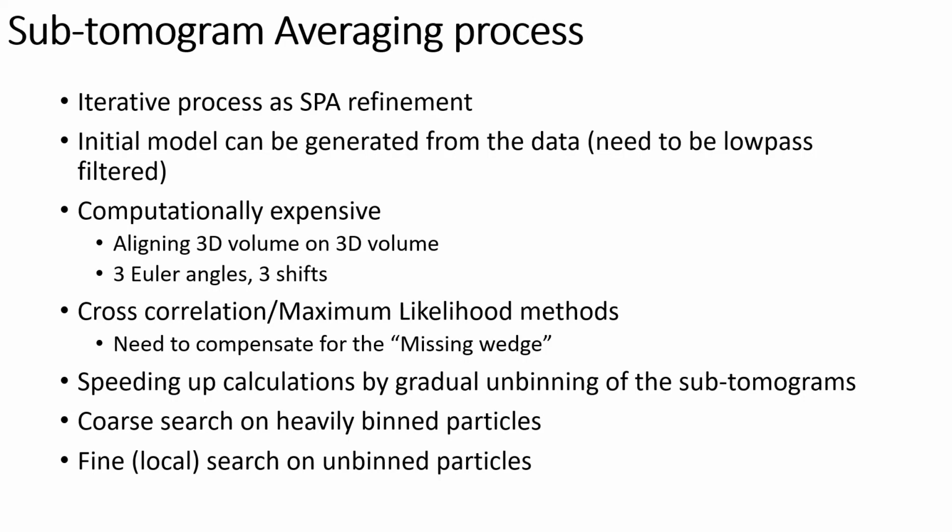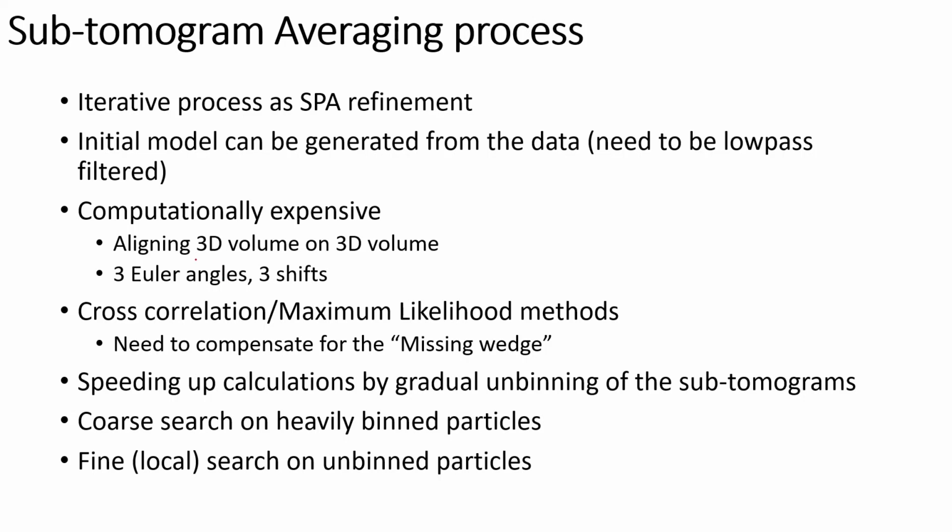A problem with the sub-tomogram averaging is that it's computationally very expensive because we are not looking only for the Euler angles of the projections, we are actually aligning already a 3D volume on a 3D volume, and that needs to look for the orientations, the 3 Euler angles, plus all shifts in X, Y, and Z direction.